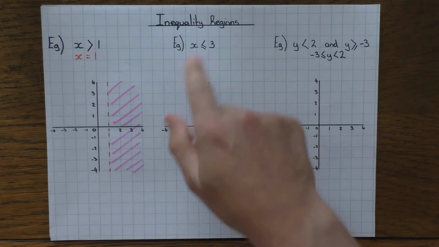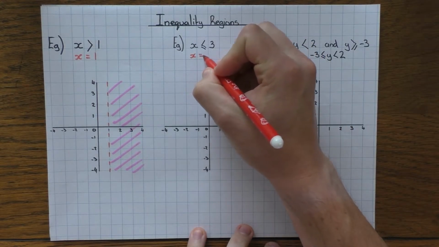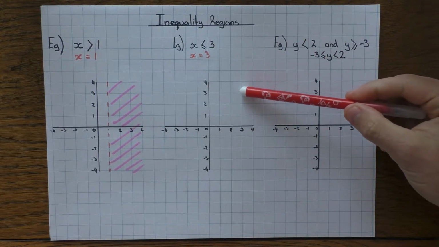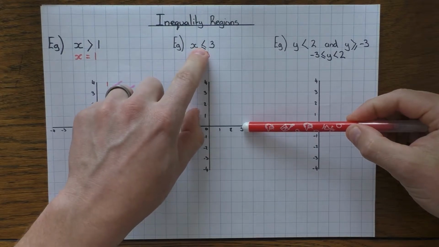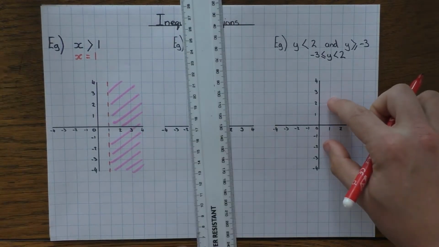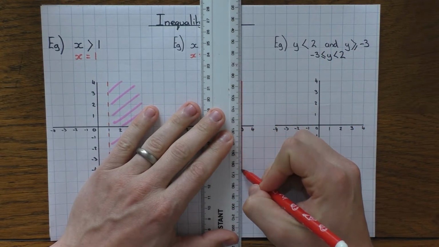Okay, let's have a look at this one. Exactly the same idea. I'm going to imagine it's just x equals 3, which will just be a line going through the x-axis at 3. This time, as we've just said, it is equal to, it's got that little line, so this one will be a solid line, not a dotted one, like so.